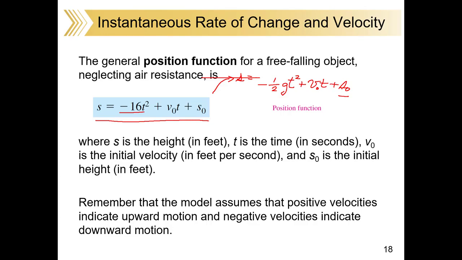The s represents distance. 0 represents before we start our stopwatch, time 0. Where is the object? This will tell us where the object was when we started our experiment. The v sub 0 means the speed of the object when you started the experiment. G represents the acceleration due to gravity where you are.